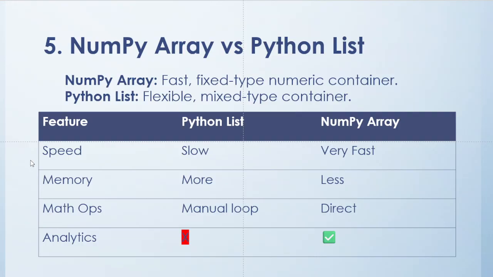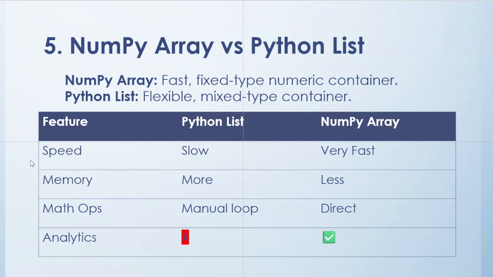As I told you earlier, a NumPy array is a very fast, fixed-type numeric container, and a Python list is a flexible, mixed-type container. A NumPy array uses less memory, performs calculations faster and allows vectorized operations as well. That's why in analytics and machine learning, NumPy is always preferred.